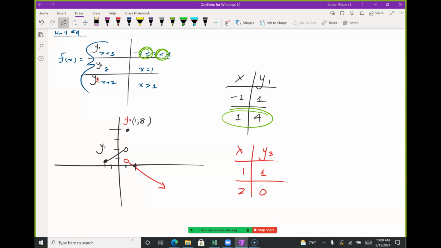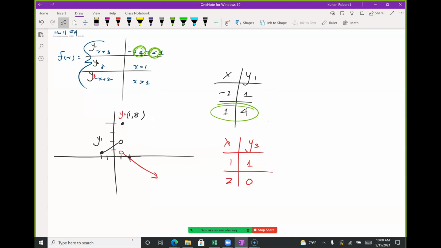All right. So what are the questions it's asking me now? Now that I have a nice graph of it, it is asking me to find the domain. It's pretty clear that the shadow on the floor is everything from -2 to infinity, right? Since -2 is included, I use a square bracket.